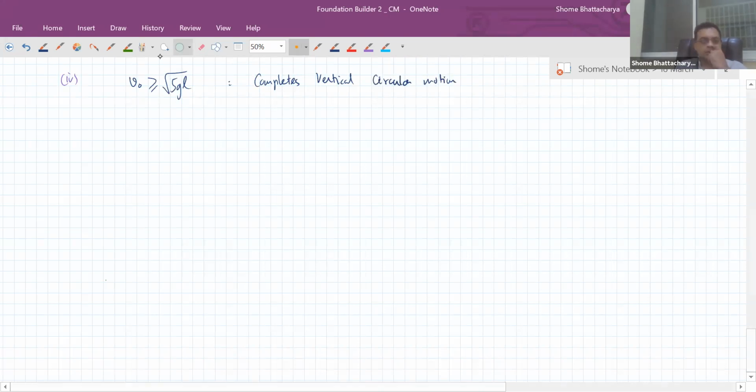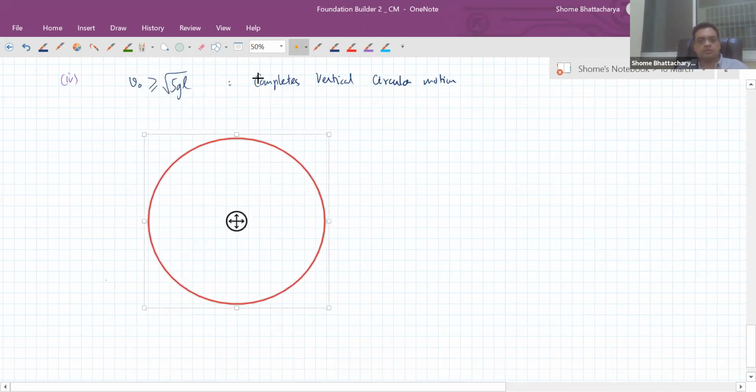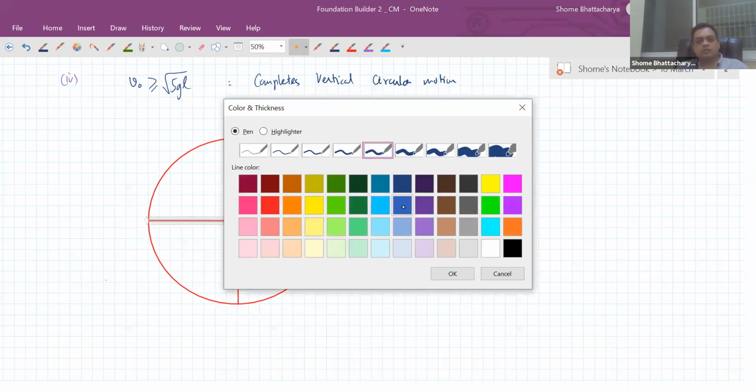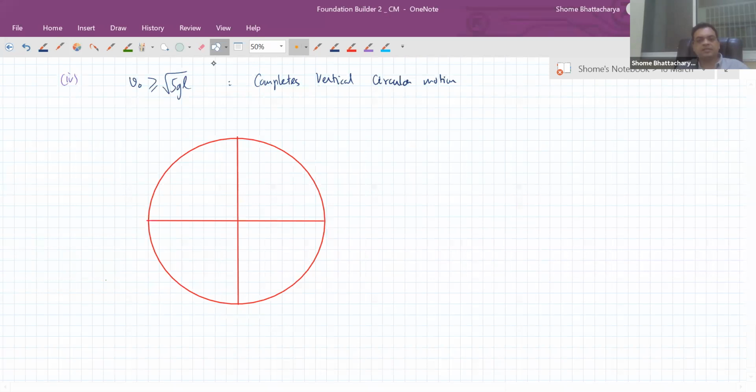The important thing about that is that during that vertical circular motion, the minimum and maximum tensions will be at this point and this point respectively.